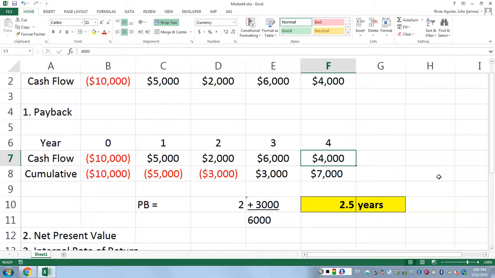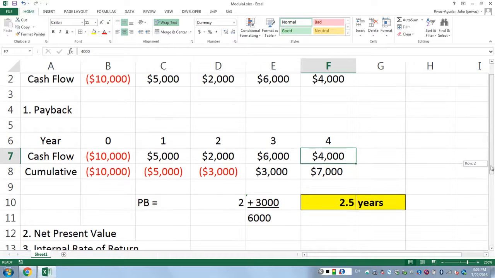Our dollars are going to be worth less and less as time goes on. Therefore, we need to account for that. The payback method does not account for that. It counts every dollar as if it were in today's terms. The method gives us a good idea, but it's not very accurate.